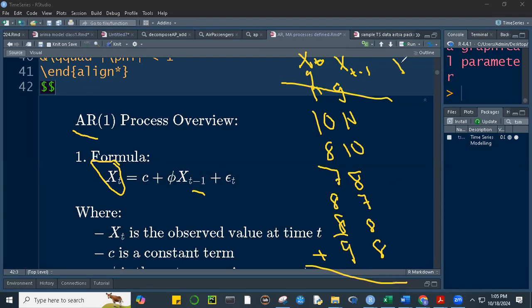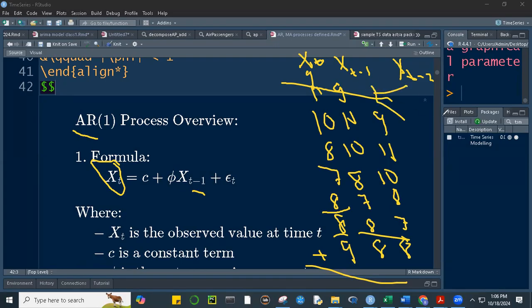If it was x sub t minus 2, which would be an AR2 process, this time we'll be getting 2 lags. From here up, you can get the lag of this: 8, 7, 8, 10, 11, 9, etc. So this is your x sub t minus 2.